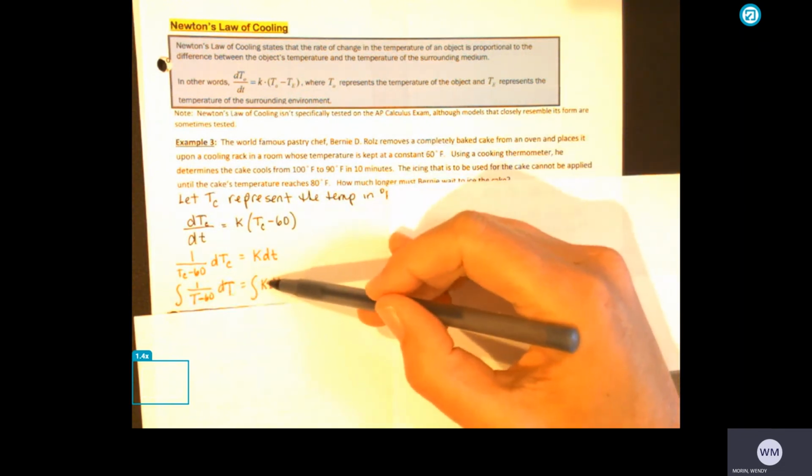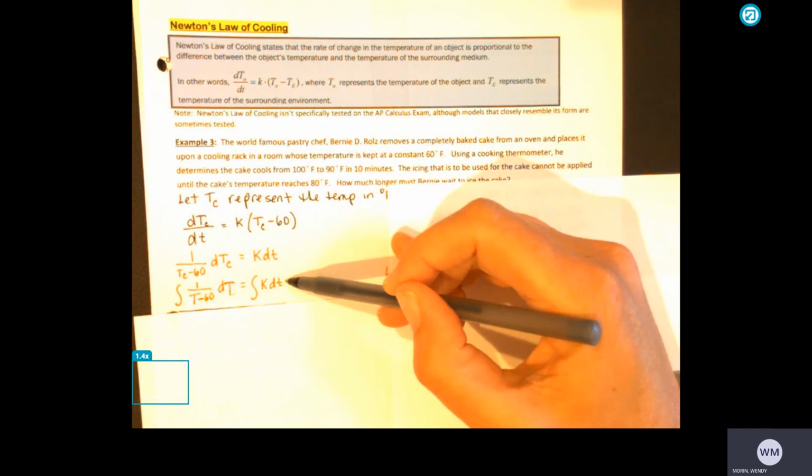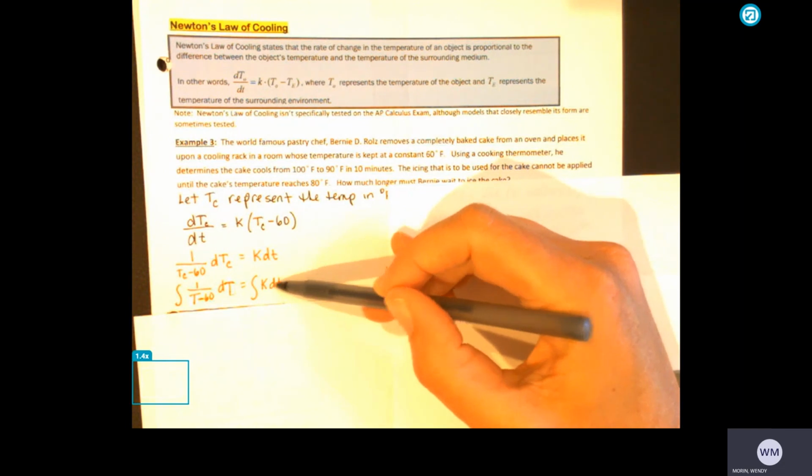So go ahead and take the integral of both sides. This is the natural log. And this, you're integrating a constant with respect to time t. So when you integrate a constant, you get this.